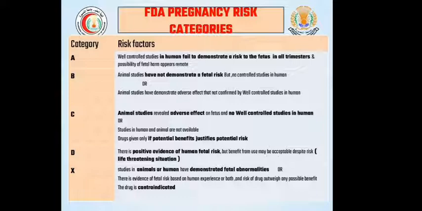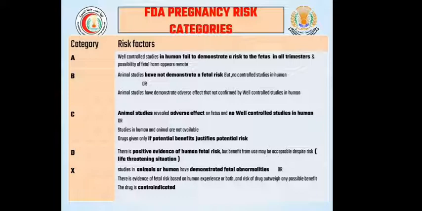The category B, the animal studies were done and show no risk. No risk in the animal studies. But no controlled human studies are done. Or the animal studies show adverse effects.